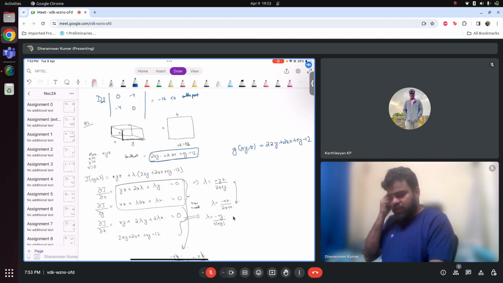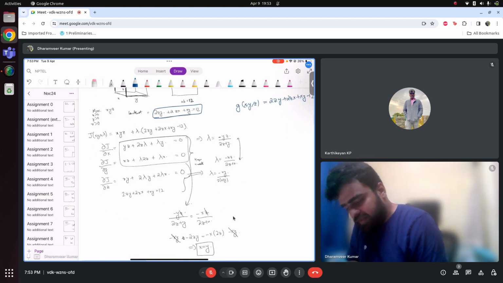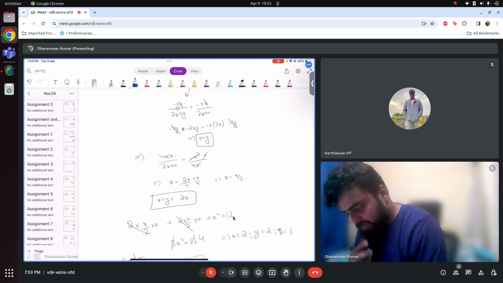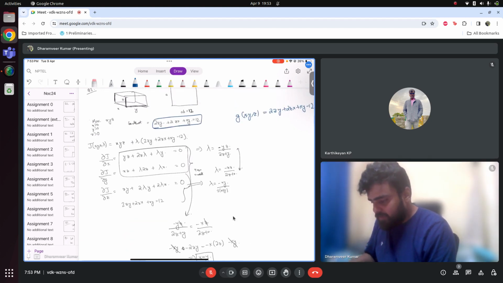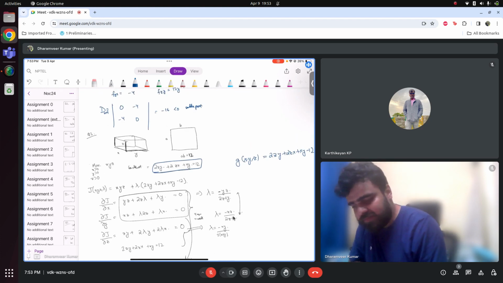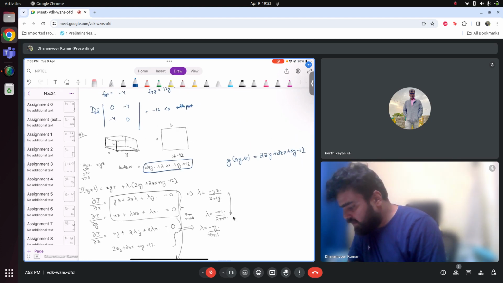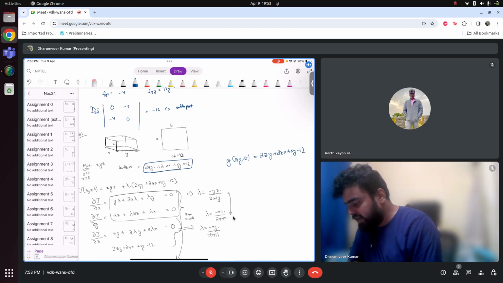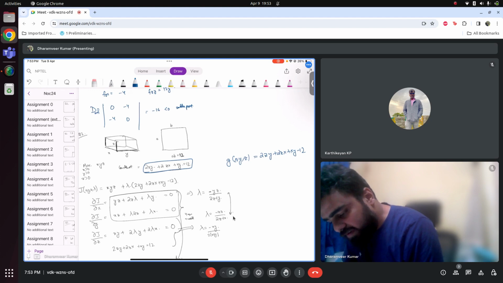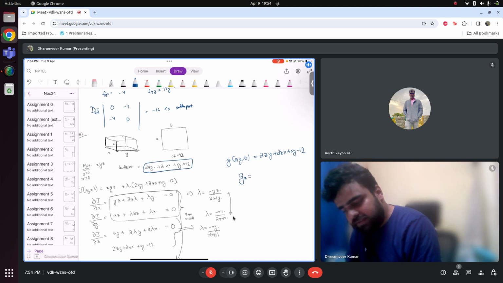What do we have to check? That we got this critical point, right? x equal to 2, y equal to 2, z equal to 1. We had to maximize. So grad g: if you want to take the gradient of g, what is gx? 2z plus y.